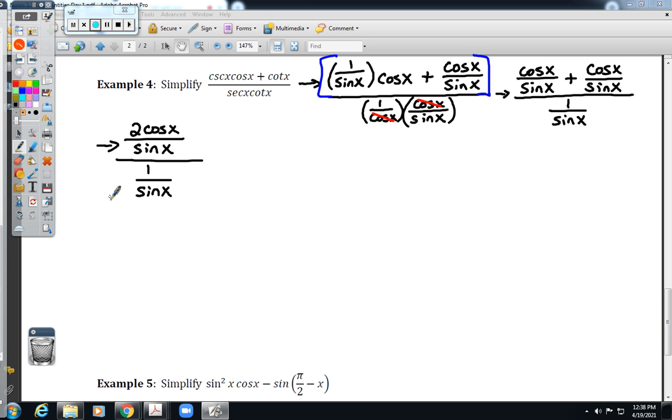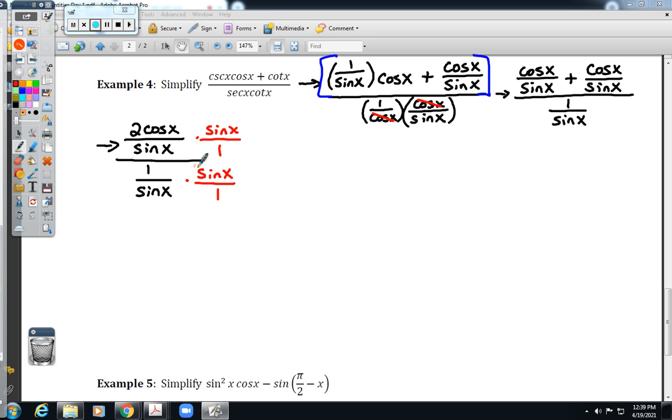Oh no, we have a fraction within a fraction. So, how do we deal with that? Okay, good. We multiply the numerator and denominator by the reciprocal of the denominator. We flip the bottom and multiply.